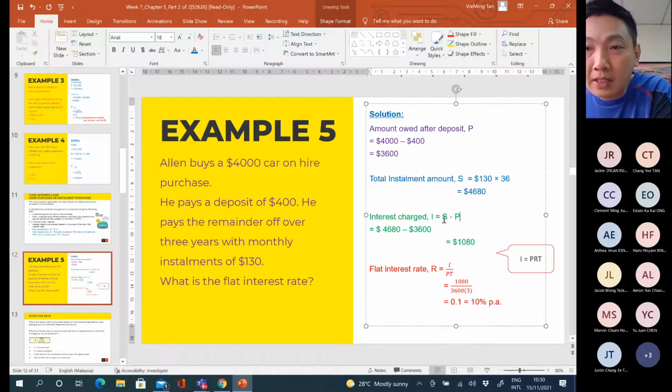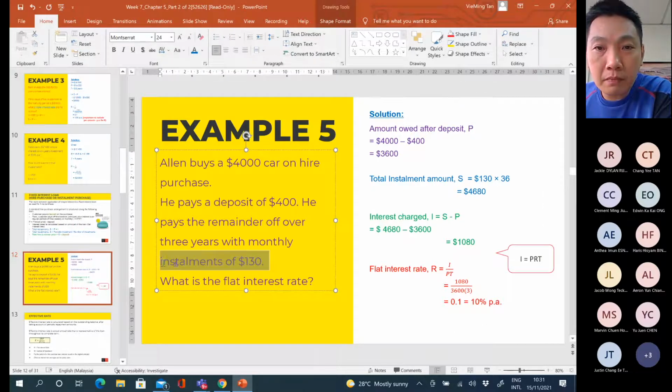We need to know the S value, and also the P. P we already have here, 3,600. The S we don't have. So how do we get the S value? We can use this information to help.